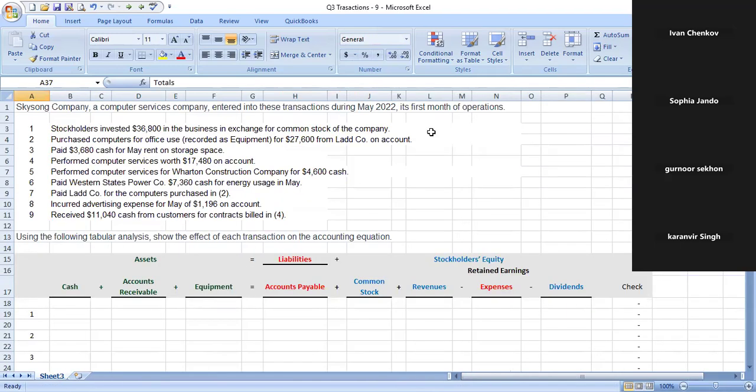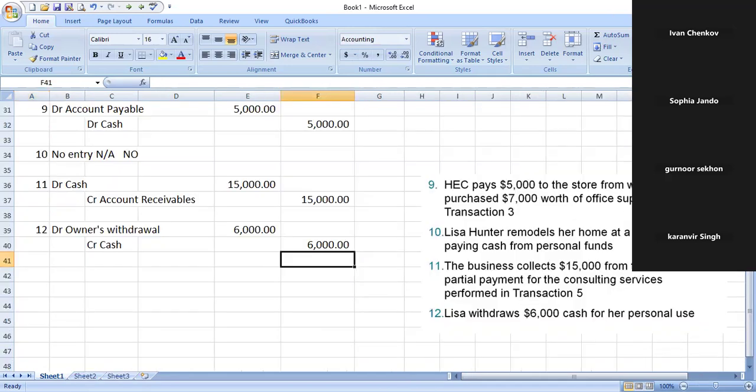Can we put owner expenses? There's no such account as owner expenses. Every time the owner takes money, that's a withdrawal. In his personal accounting, you can put it as owner expenses, but for the company, that's owner's withdrawal.